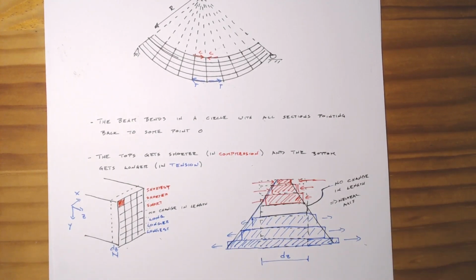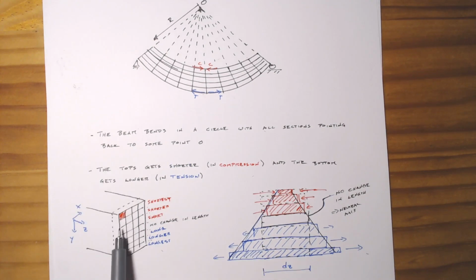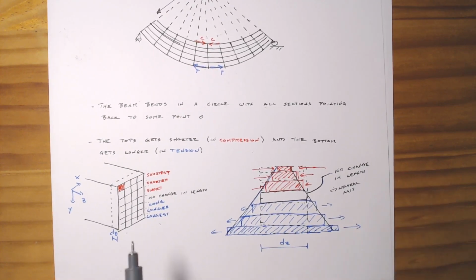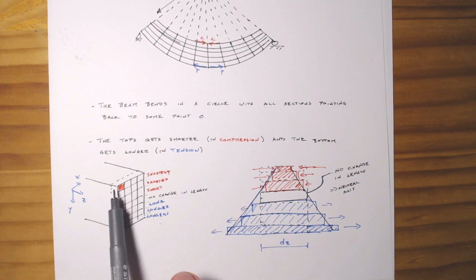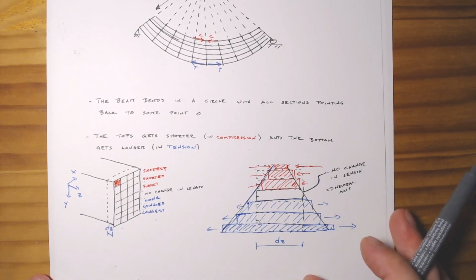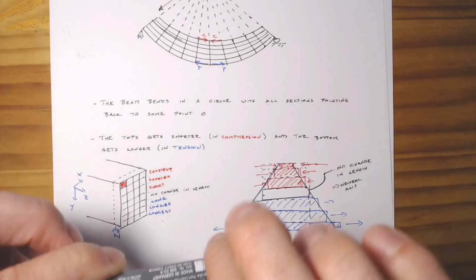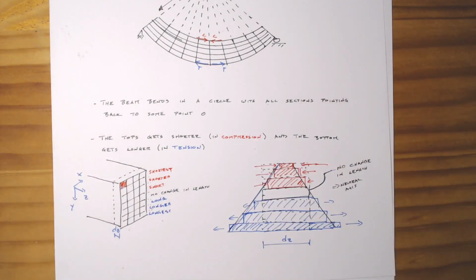Now, we've broken all of this down, and we've seen that parts get longer, parts get shorter. If we cut this into a series of cross sections, and think of this as a series of axial problems, how do we think of an element which is getting shorter or longer? It's changing in length.